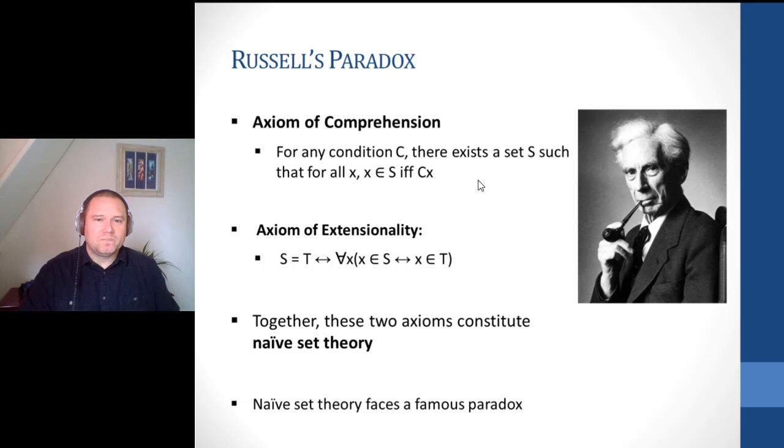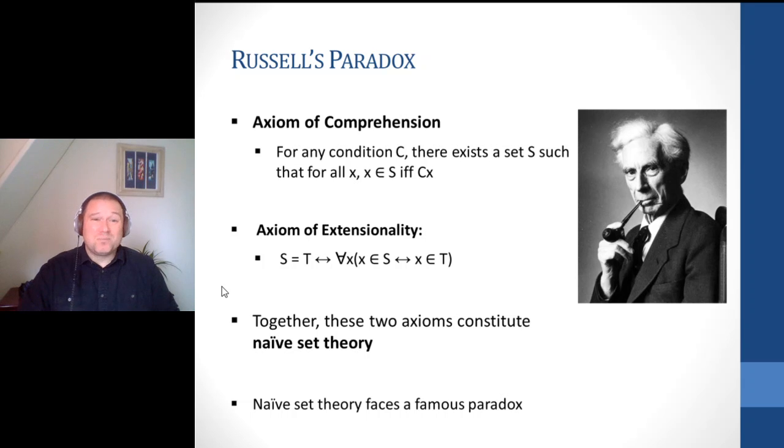The axiom of comprehension and the axiom of extensionality together constitute what came to be called naive set theory. Now, there was a lot of hope when set theory was first developed that just accepting these two axioms would basically give us all of mathematics.